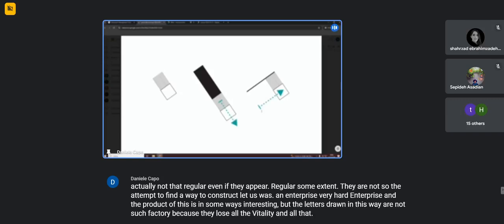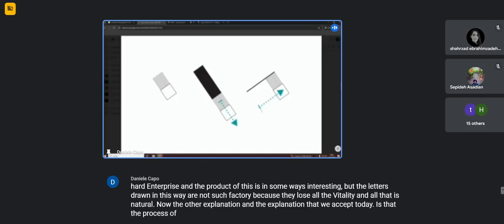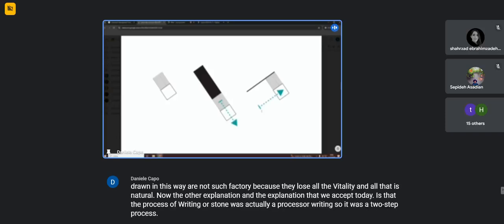All that is natural. Now, the other explanation, and the explanation that we accept today, is that the process of writing on stone was actually a process of writing. So it was a two-step process.